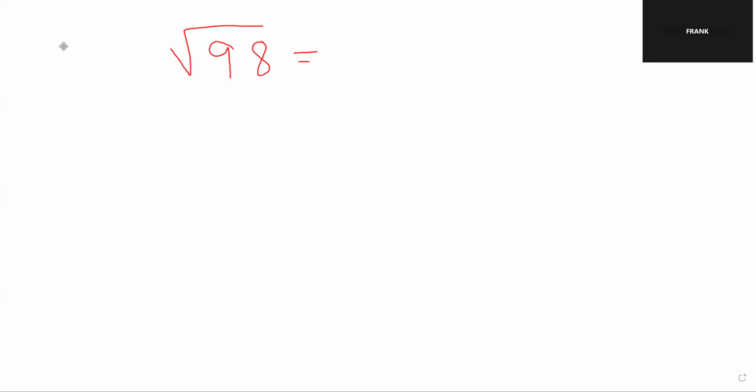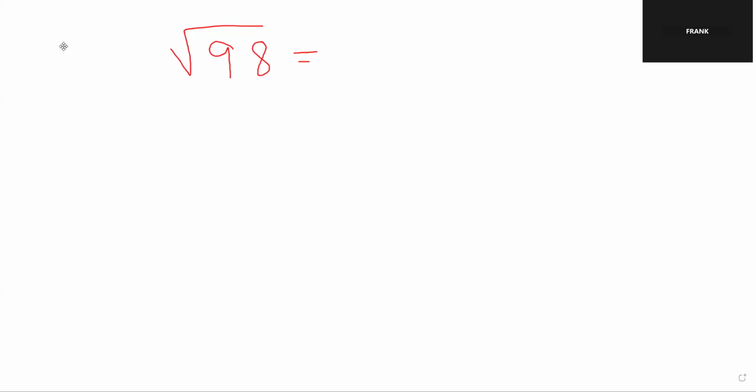So we proceed to reduce the surd. We look out for the perfect square that can divide 98 without remainder. Obviously, 4 cannot do, because 4 times 24 is 96, and 4 times 25 is 100. 9 wouldn't do. 9 times 10 is 90, 9 times 11 is 99.